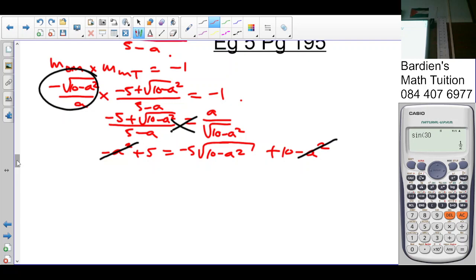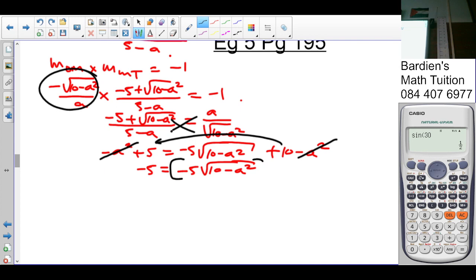Okay, so what I'm going to do is isolate the root, which means to get the root on its own. So we take that over, it now gives us negative 5 is equal to negative 5 root 10 minus a squared.